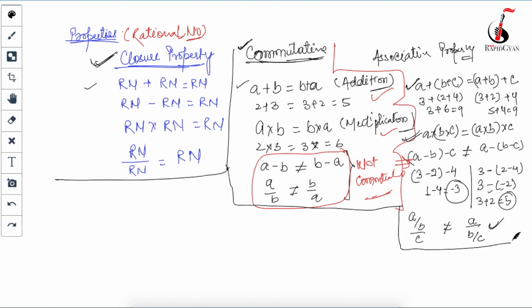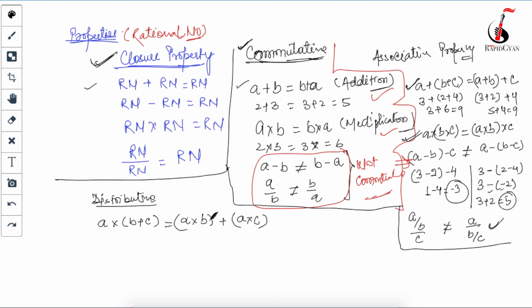Okay guys, so the next property is called the distributive property. What is this property? I will explain, don't worry. The distributive property says that suppose a multiplied by (b plus c), so what will happen? a will be distributed to b and c, means I can write this as a multiplied by b separately plus a multiplied by c.